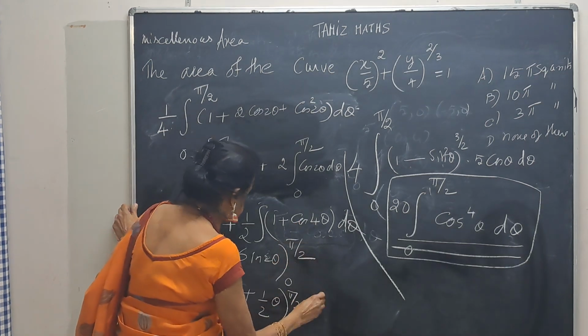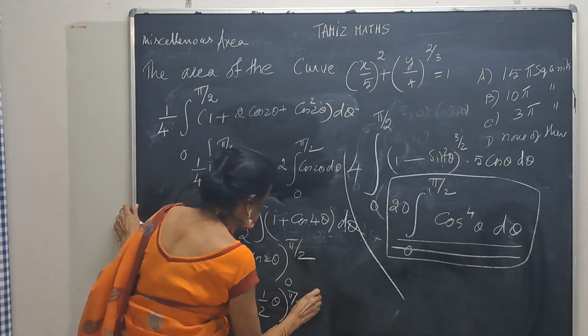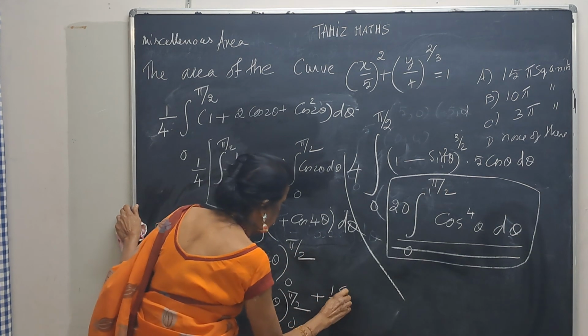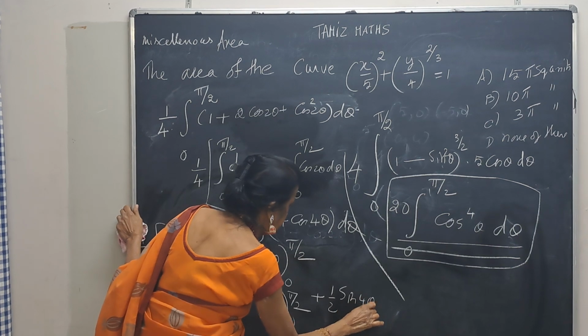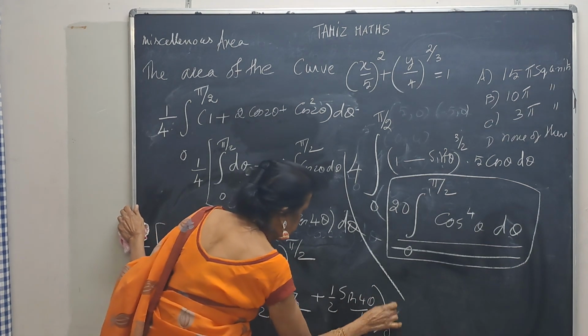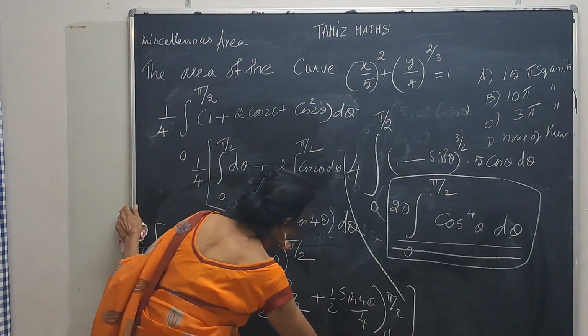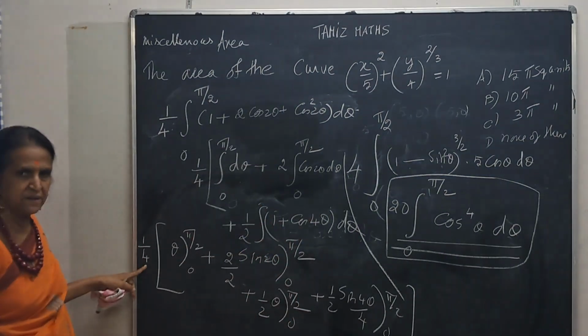Then half cos 4 theta gives half sin 4 theta by 4, from 0 to pi by 2. This 1 by 4 is completely outside.